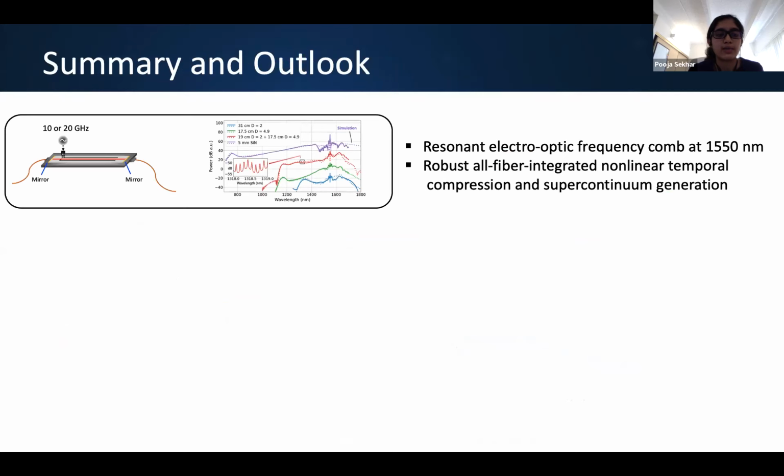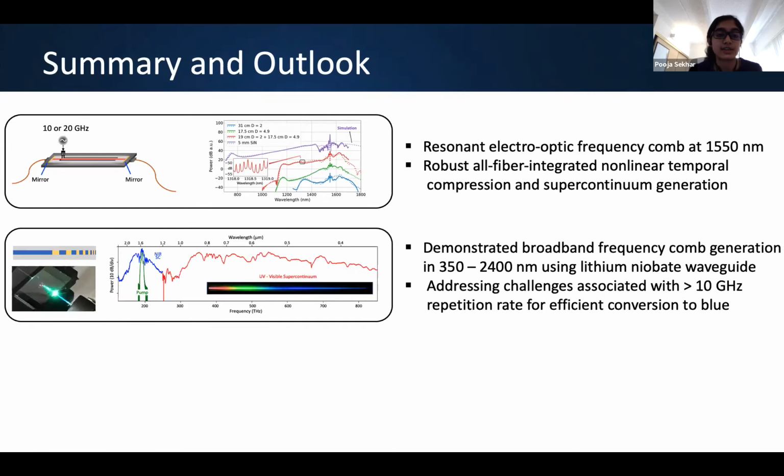In summary, we propose a resonant electro-optic frequency comb at 1515 nanometers, which can be made into a more compact fiber integrated design and has shown good broadband supercontinuum generation, which is possible using a silicon nitride waveguide. And next, using the lithium niobate waveguide, we have shown that it is possible to generate a broadband frequency comb ranging from UV, approximately 350 nanometers, to 2 microns.